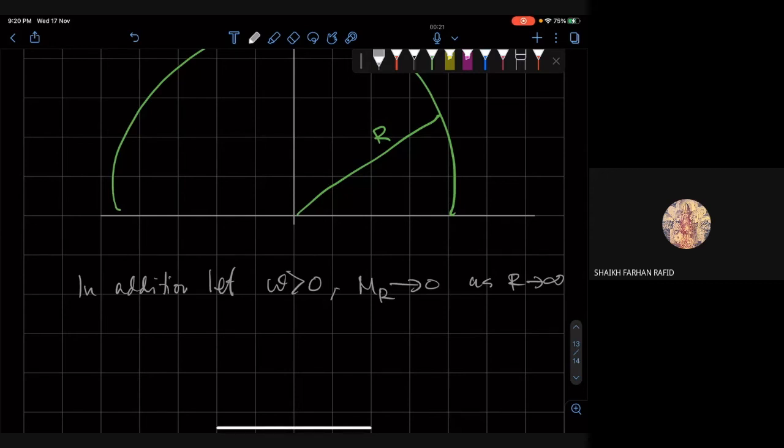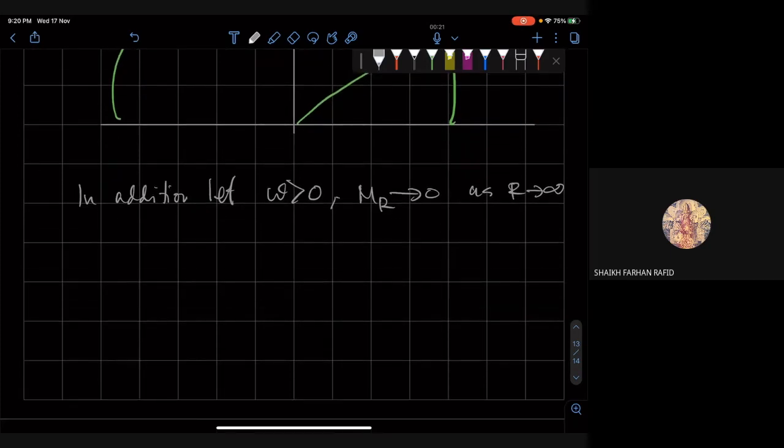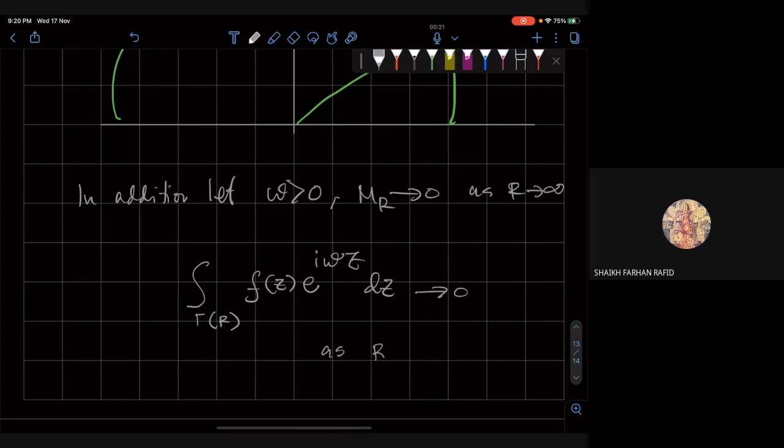If this is the case, then Jordan's lemma tells us that the integral of f of z e to the power i omega z dz goes to 0 as r goes to infinity. Okay.